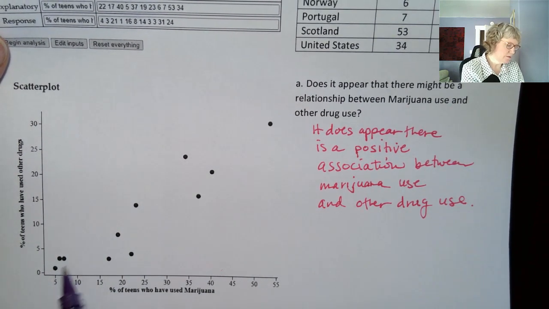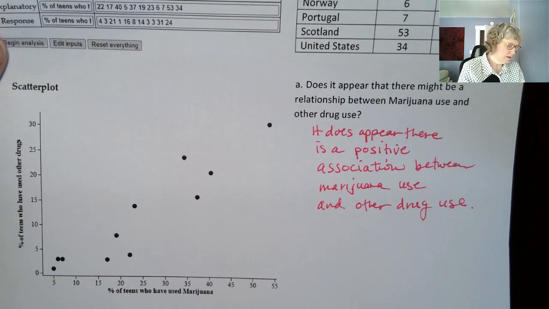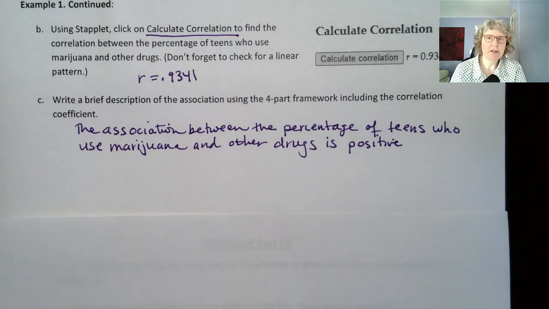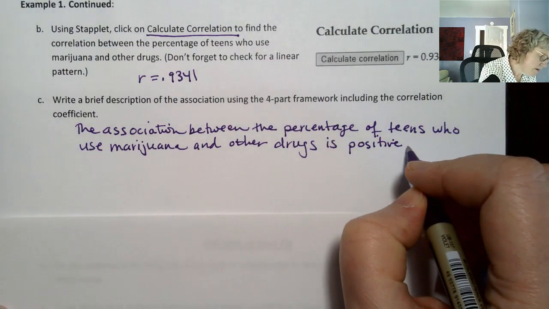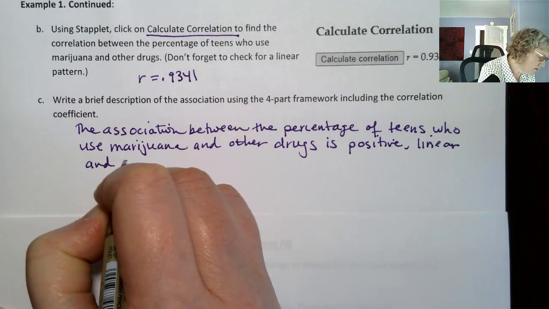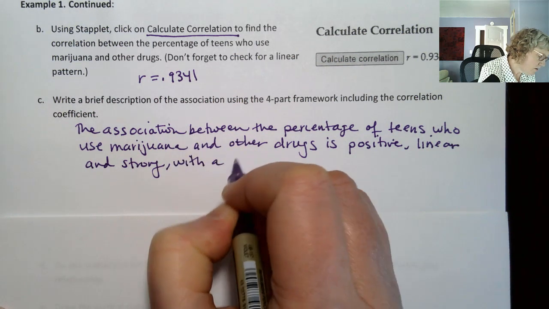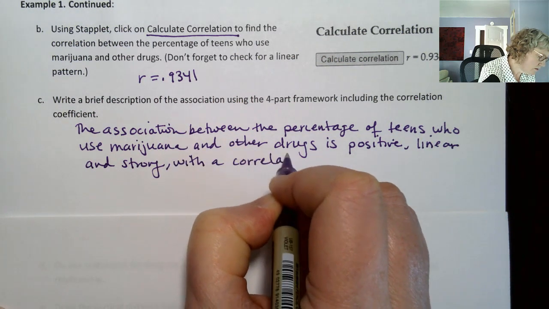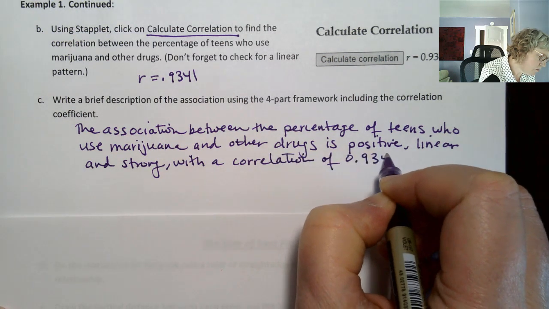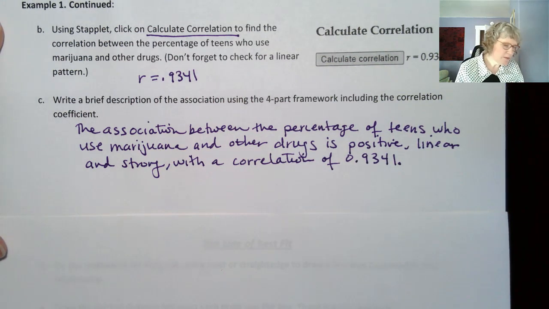I did mention there's these 3 down here that kind of curve at the end, but I think we'll see what happens when we actually put a straight line on here, but it does look fairly linear to me. Positive, linear, and strong, with a correlation of 0.9341. So that just gives our evidence that it is a strong relationship.